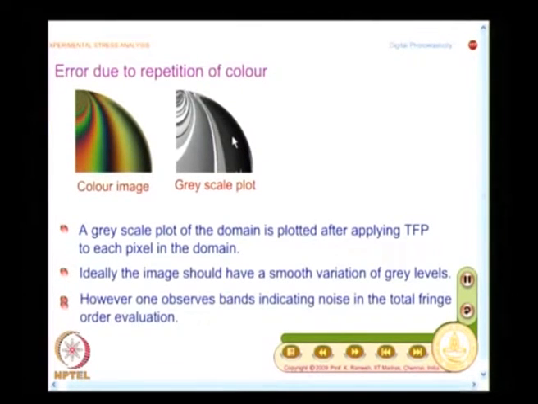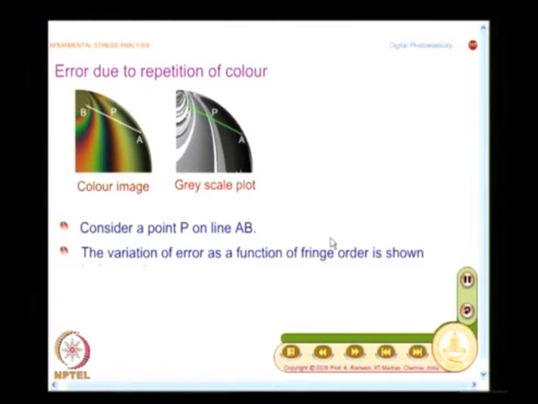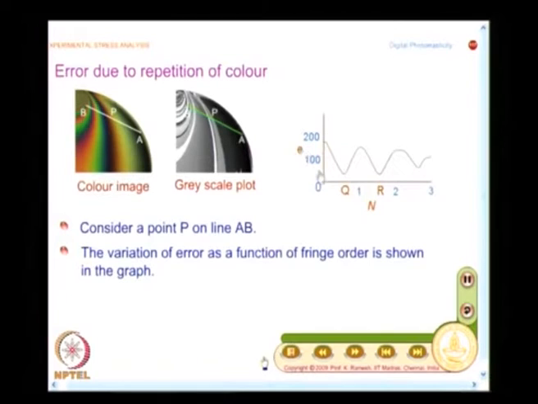Now, I take a line that passes through the fringe field. So, we will have a line AB, and consider a point P on line AB. I am taking a line that passes through the color image, and let us also look at the color code and find out what has really happened. So, if I look at the error, which I compute for all the data points in the calibration table, the error is like this.